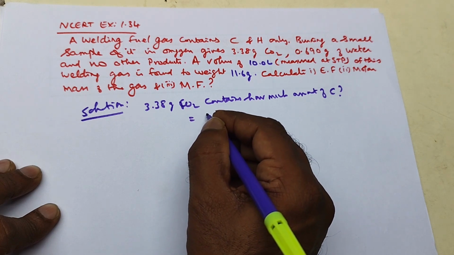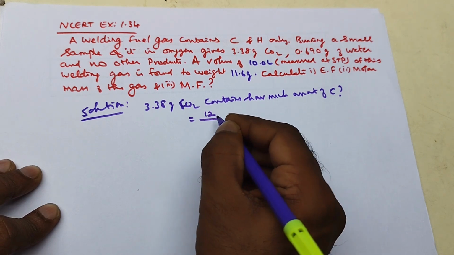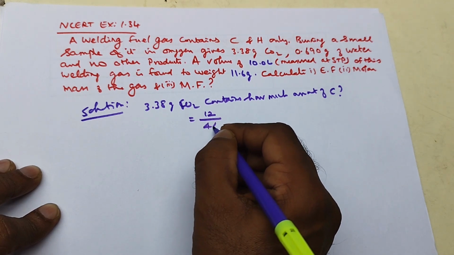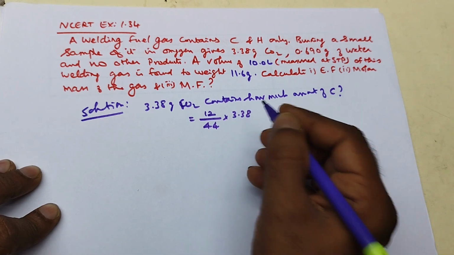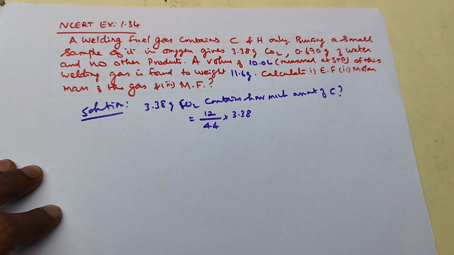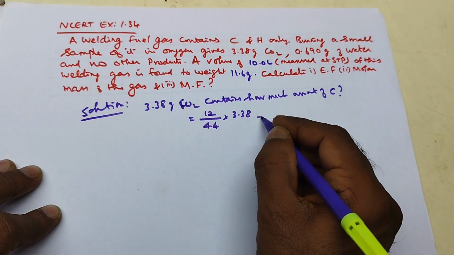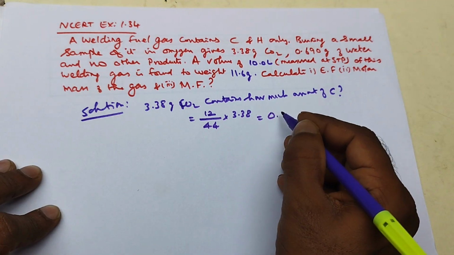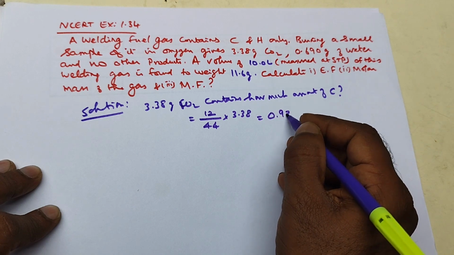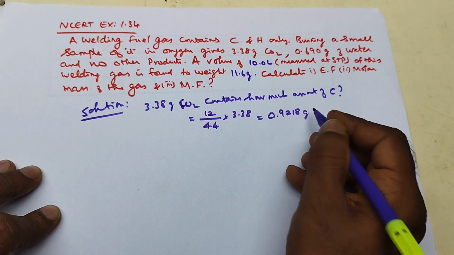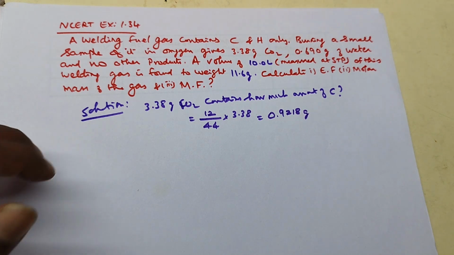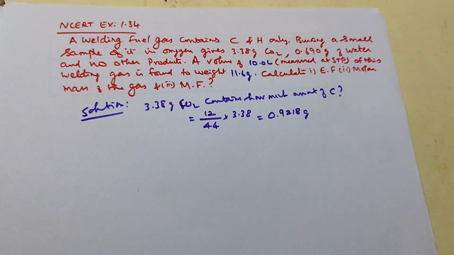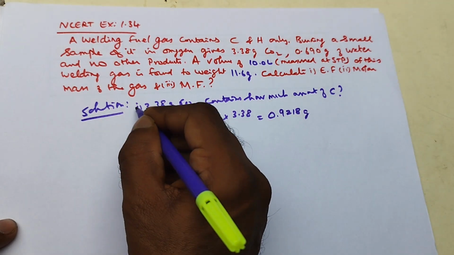The atomic mass of carbon is 12 and the molar mass of carbon dioxide is 44, into 3.38 gram. You simplify it. We are getting 0.9218 gram of carbon in 3.38 gram of carbon dioxide. That is the first thing.